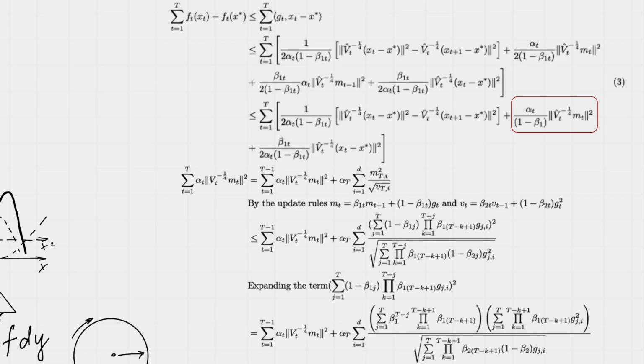And we can first study the term alpha t times the L2 norm of Vt to the power of negative a quarter times mt. Let us break the summation into 1 to T minus 1 plus the last term when t equals capital T. Plug in the closed form of mt and vt, expand the square term and put the square gradients on one side.